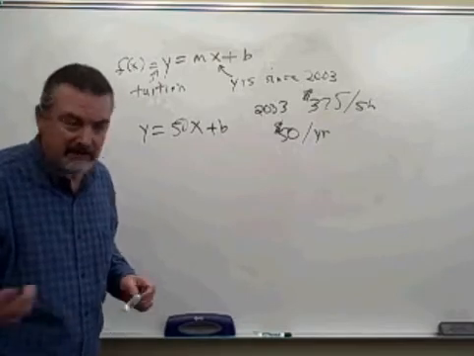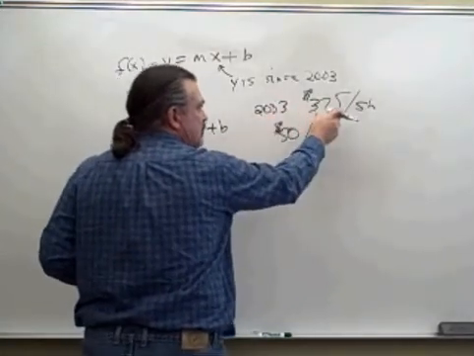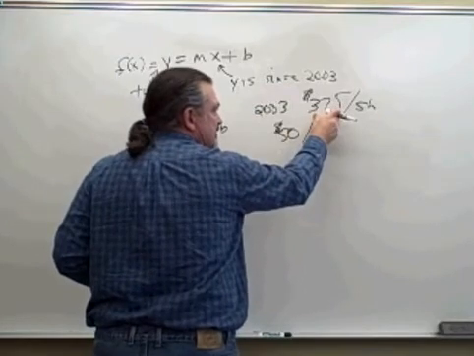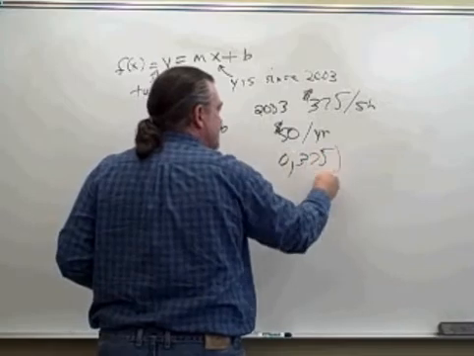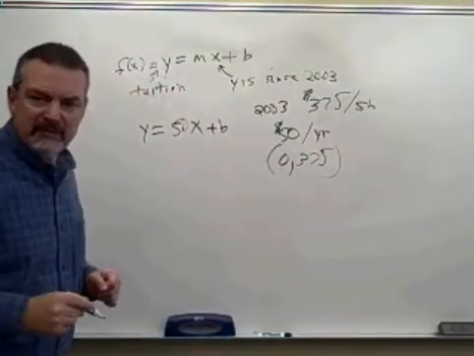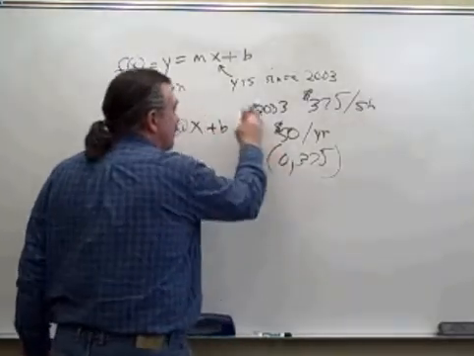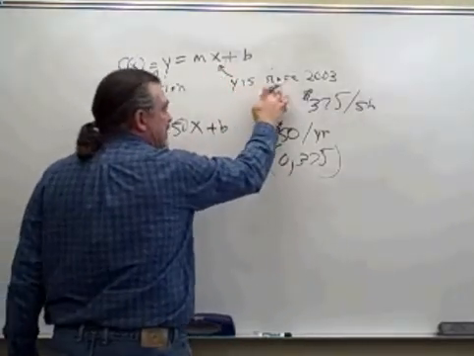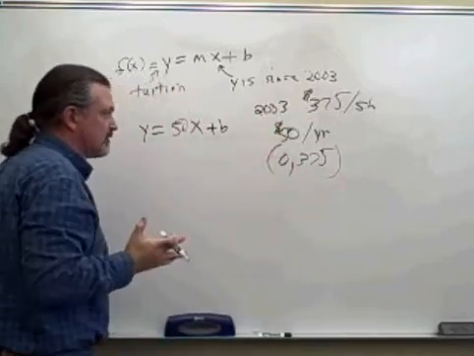That's 0, isn't it? So in effect, when they told me that in 2003 the tuition was $375 per semester hour, didn't they give me the point (0, 375)? 0 for x, because that's how many years after 2003 is, 0 years.